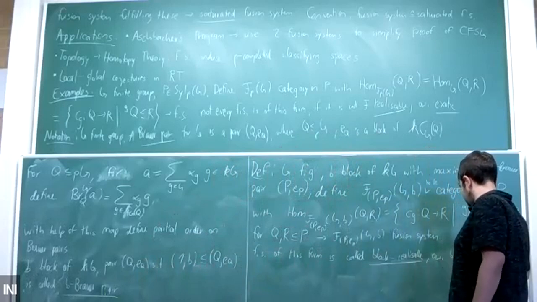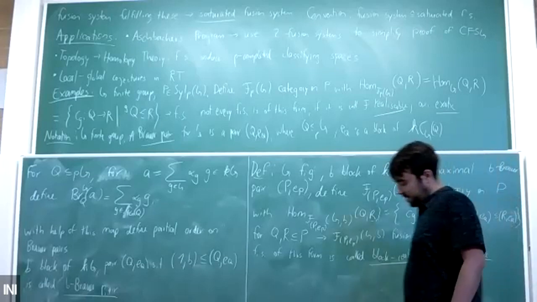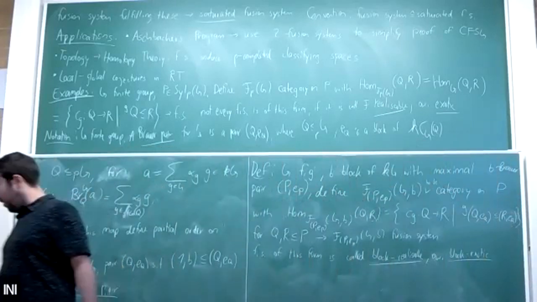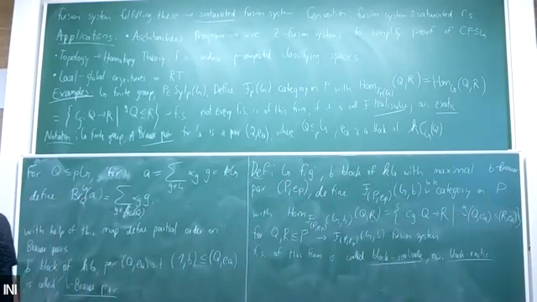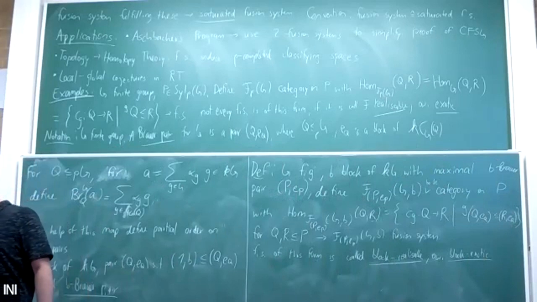A fusion system which cannot be written of this form is called block exotic. So now obviously the natural question is, we have these two ways to get fusion systems, realizable and block realizable. How are they related?